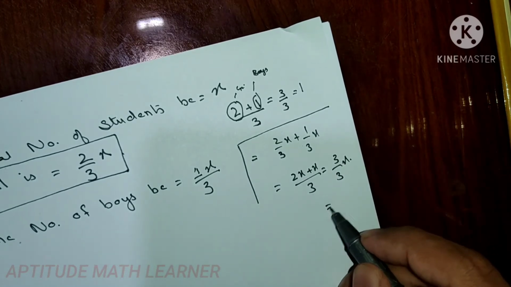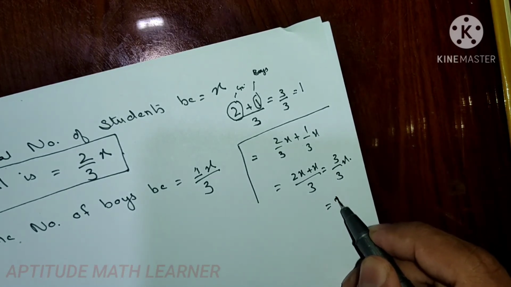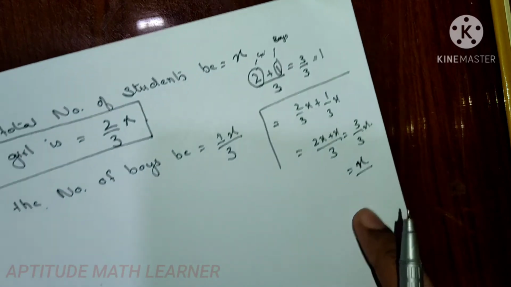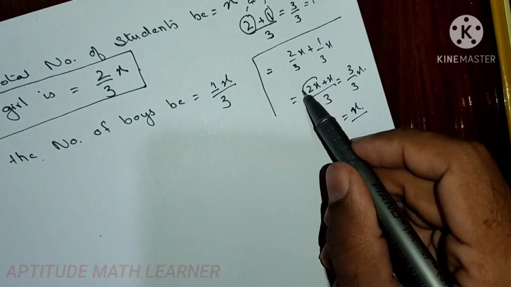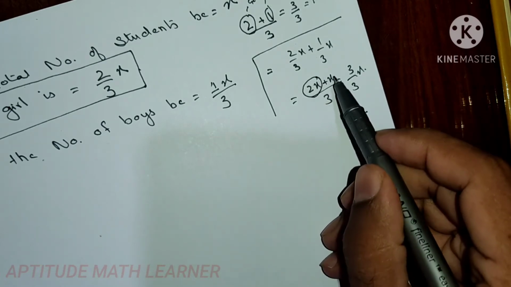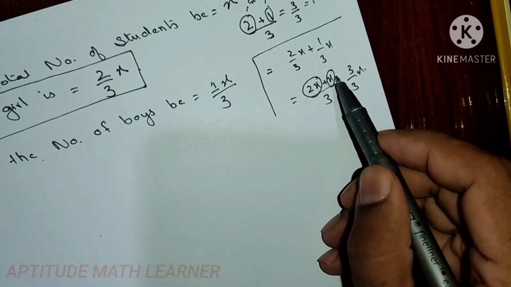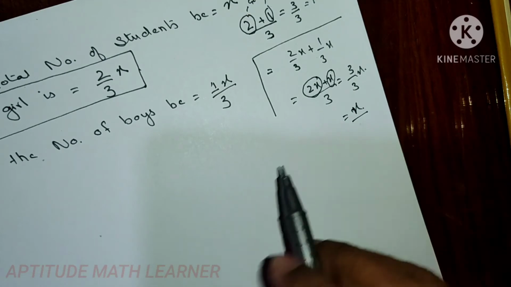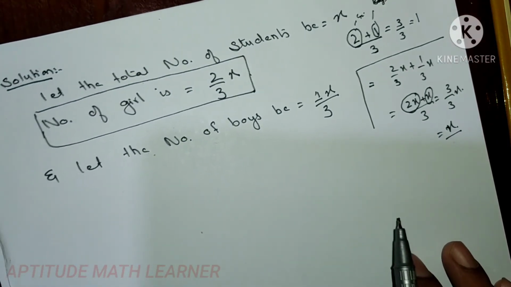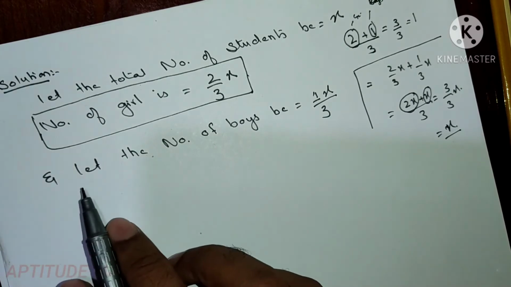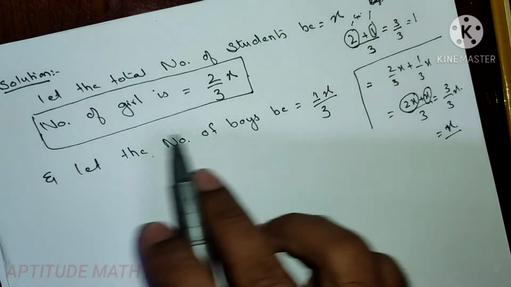So the answer is 1. The answer becomes only x, the total students. If you understand this, it means these are the number of girls among the total students, and this is the number of boys among the total students.